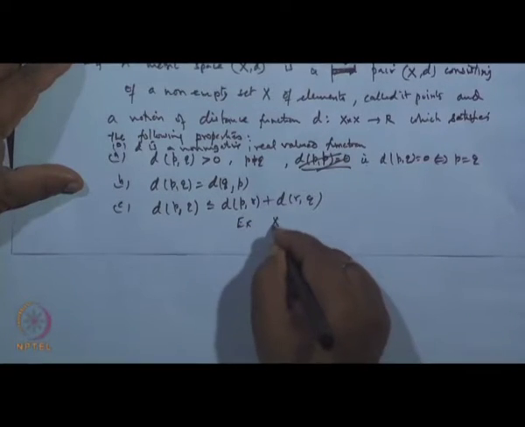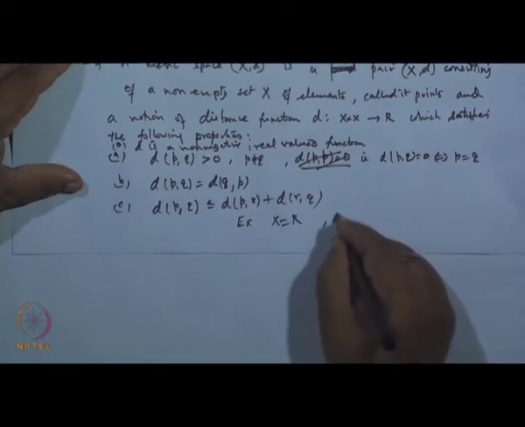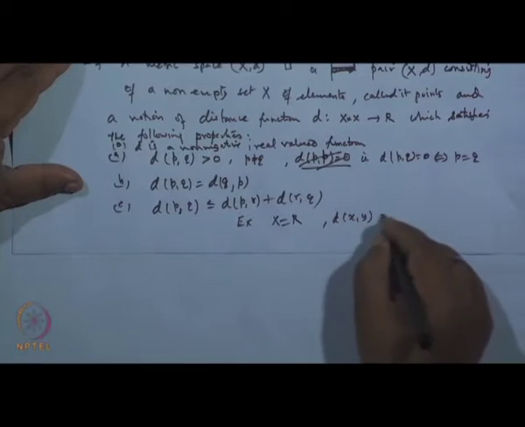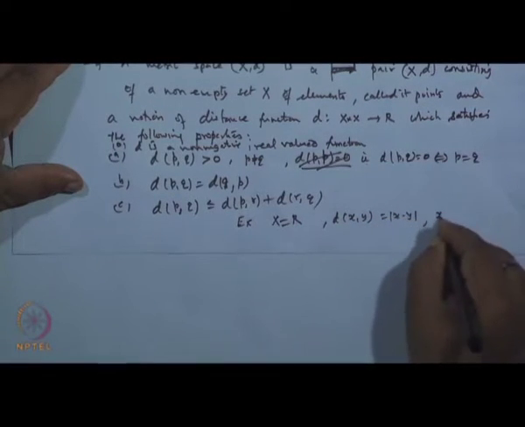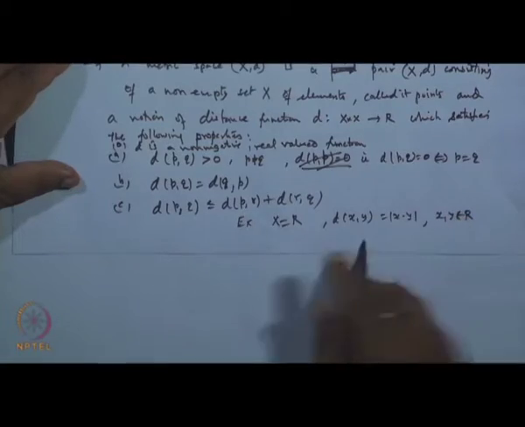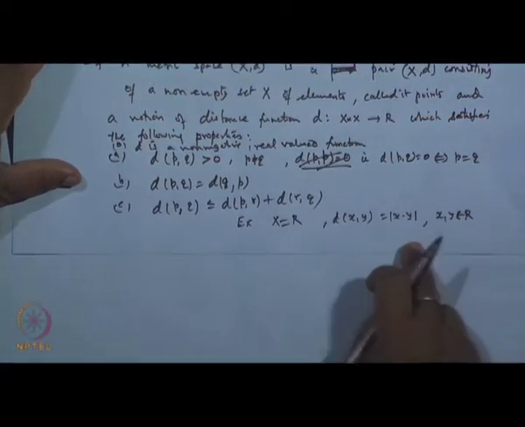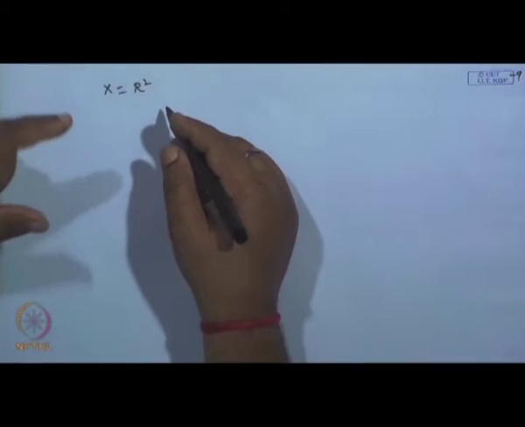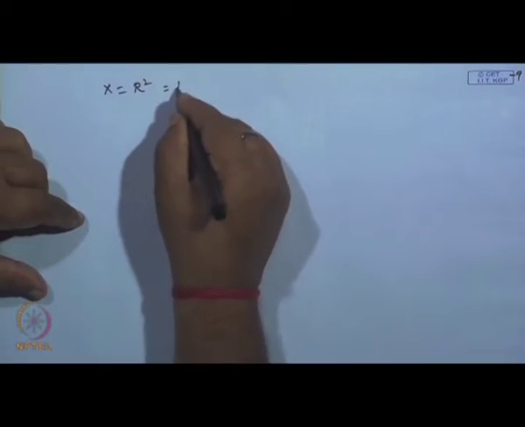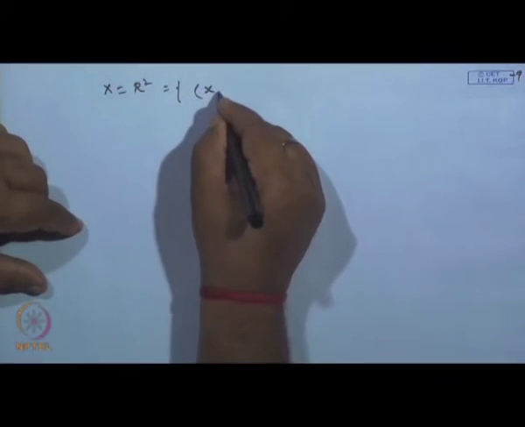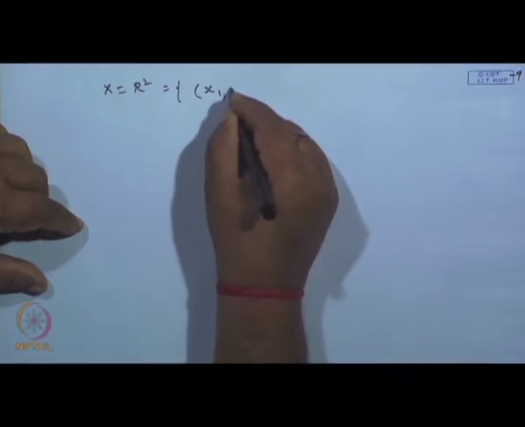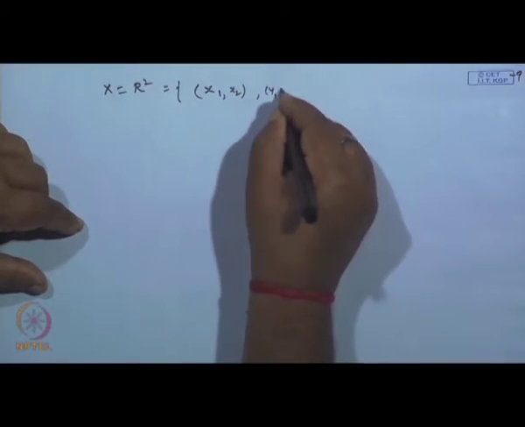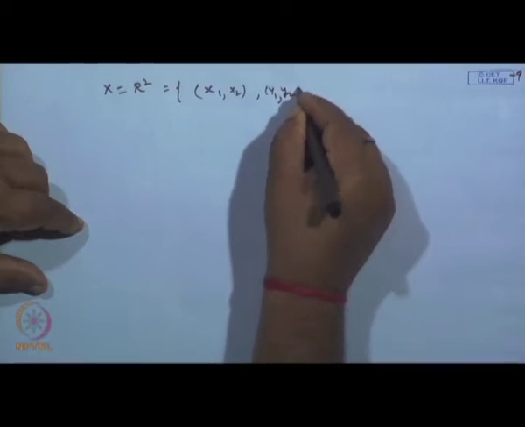One example is X equal to R, the real line, and d of x y defined as mod x minus y, where x and y are real. As we have seen earlier, it satisfies all the properties. Another example is when X is R2, the 2-dimensional plane, where the elements are of the form x1, x2, y1, y2 and so on.